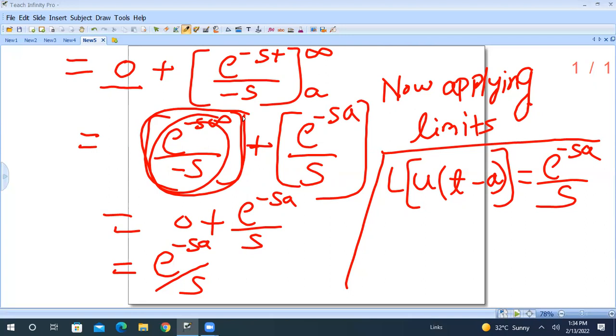So we have proved this: L of u of t minus a is equal to e to the power of minus sa divided by s.